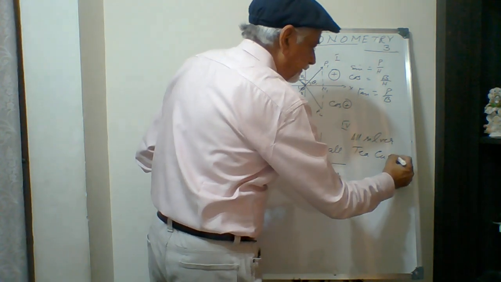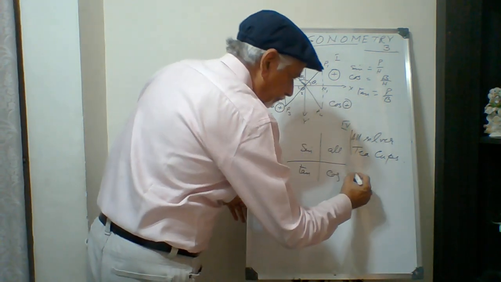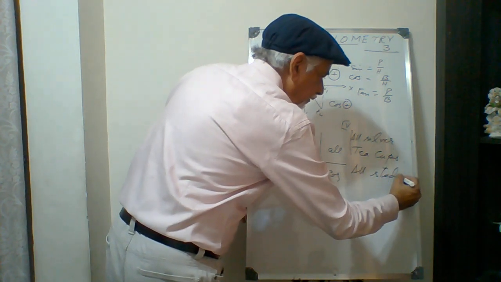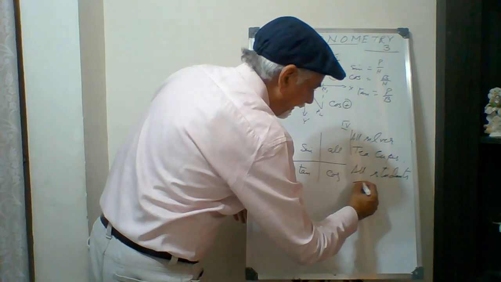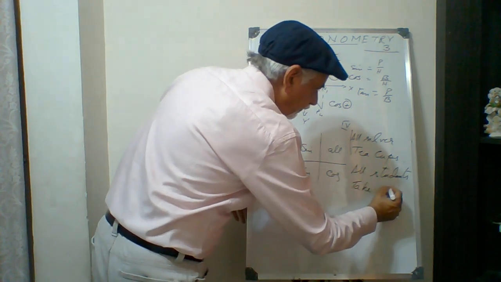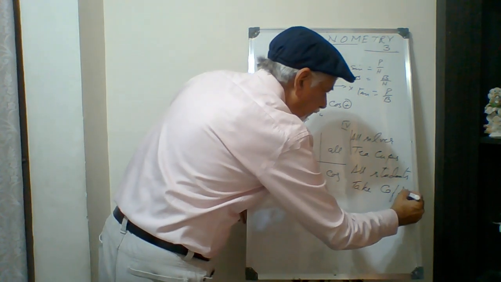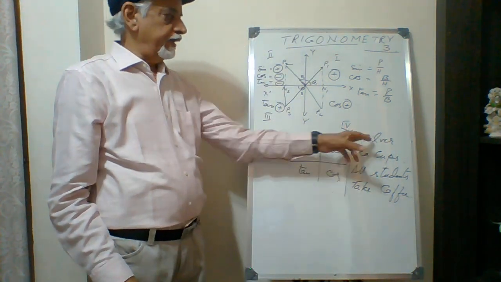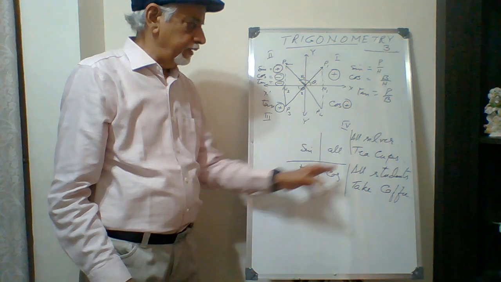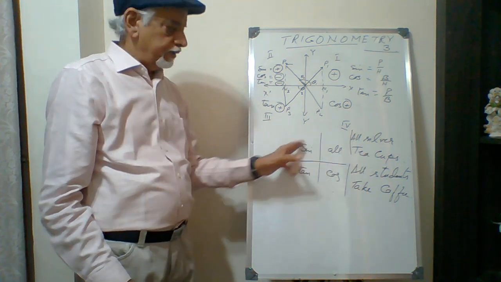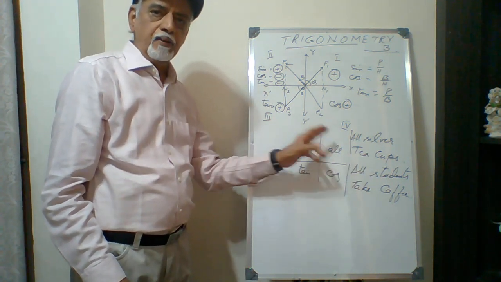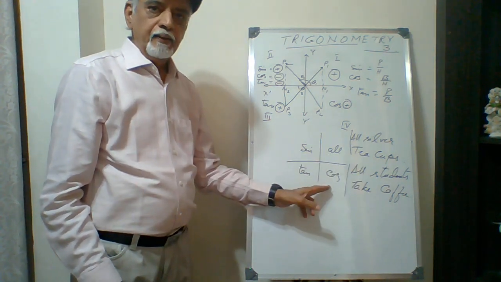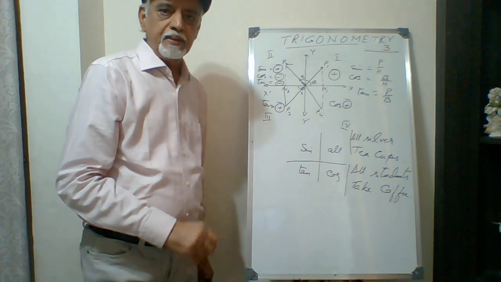Either you remember it like this or you remember All Students Take Coffee. It's easier to remember. A stands for the first quadrant, S stands for the second, T for the third, C for the fourth. Remember this goes anti-clockwise. All Sine Tan Cos. All Students Take Coffee. So this is the way we remember this concept.